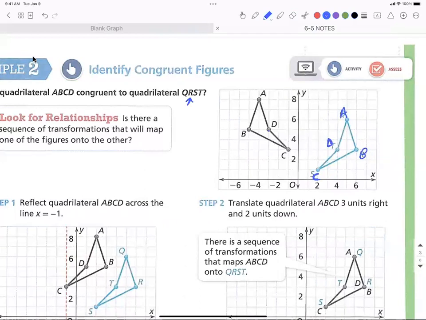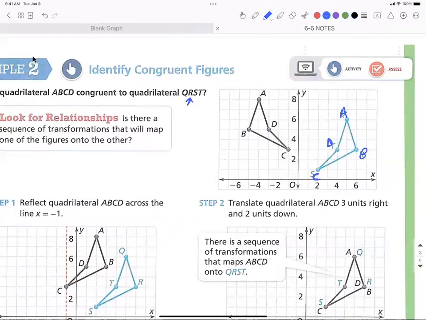So I have renamed this. Now, hopefully it's a little bit easier. Yes, you can if you want. Remember I said, if you're in the middle of the problem and you want to mark them prime, you can. If you want to mark them prime at the end, you can do that as well. Okay, it's totally up to you. I'm just renaming them so that I know that A and A, B and B, D and D, all of those are going to line up. Okay, yes.